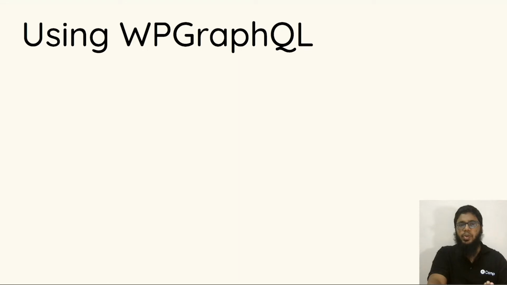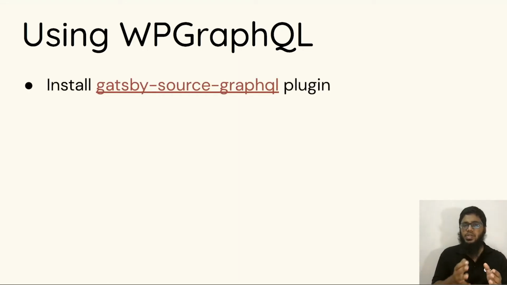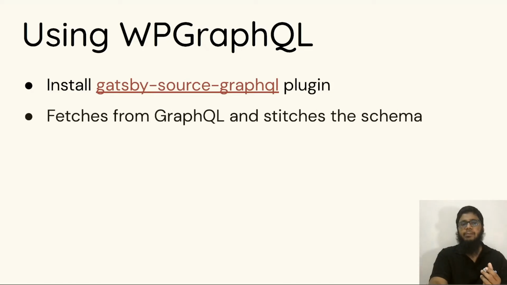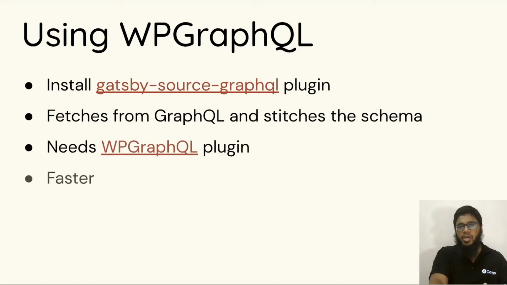Using WPGraphQL, you have to install this Gatsby source GraphQL plugin, which is a Gatsby plugin, and this plugin will fetch the GraphQL from WPGraphQL and stitch them into a schema. And it needs this WPGraphQL plugin on your WordPress site, and I argue it's a faster and more scalable way than using REST API.